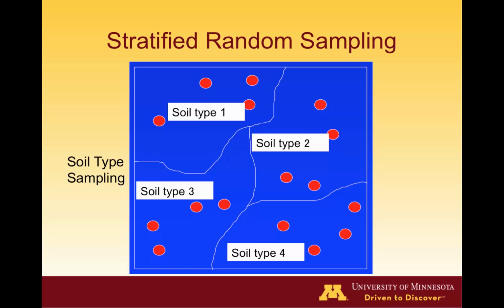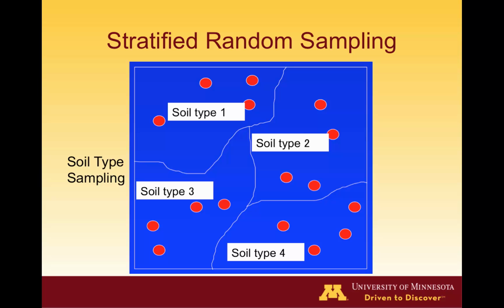If you have some prior knowledge of the field, for example, you know the soil type differences from place to place, like what is shown in this picture, then you can use soil type sampling, which is one method of stratified random sampling.